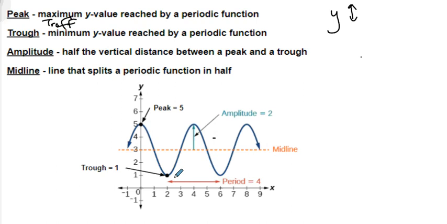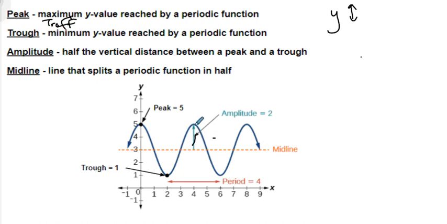So we've got this problem here. You have a peak at 5. Your trough is at 1, which means your overall distance is 4. Because I did 5 minus 1, your amplitude would be half of that, so 4 divided by 2 is 2.